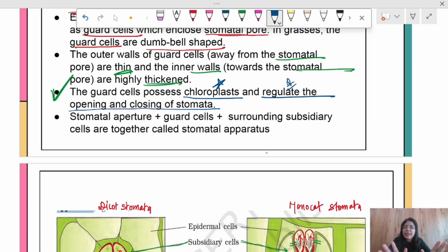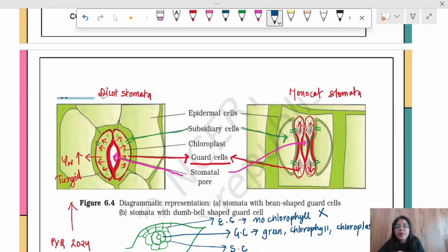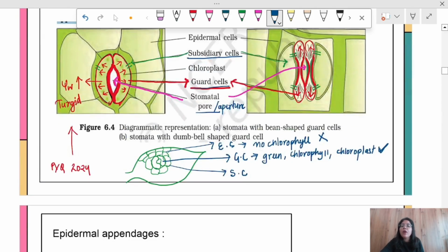Now one more thing is mentioned: stomatal aperture or stomatal pore. Stomatal aperture or stomatal pore, guard cell, subsidiary cell, together this all is called as stomatal apparatus. Fine.